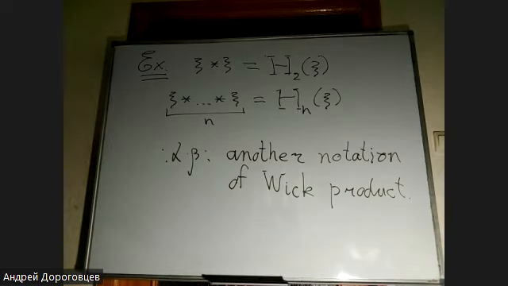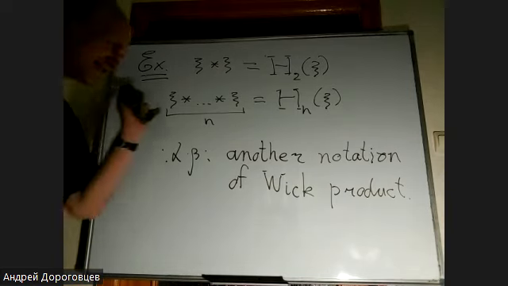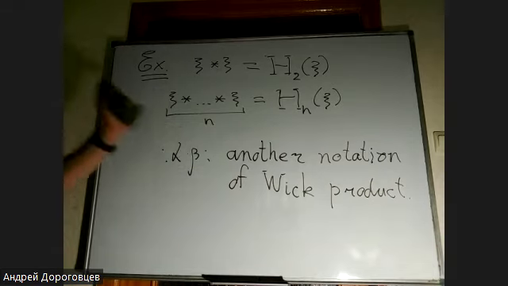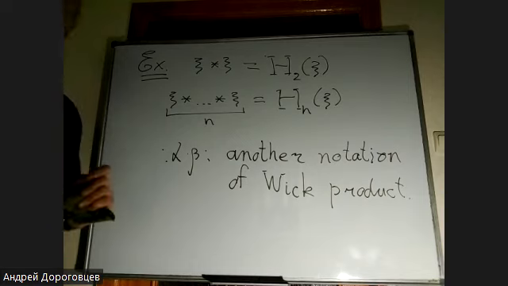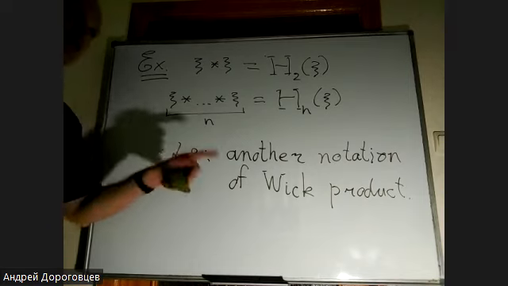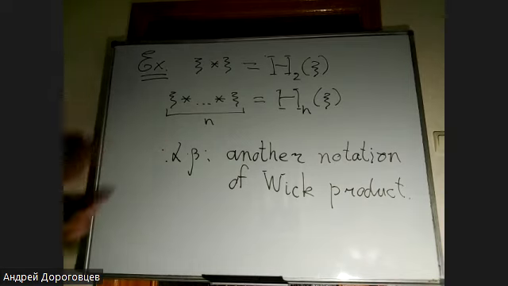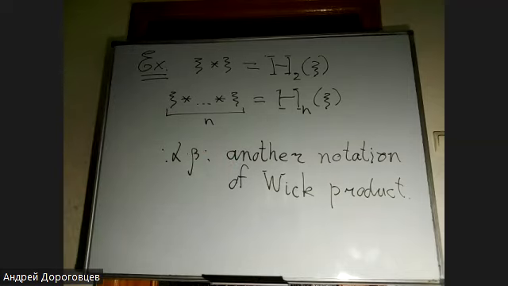Then people substitute it by the Wick product and continue to work with it, and sometimes get right results which are consistent with the experiments. So why does it happen in such a good manner? It is due to the good properties of Hermite polynomials.